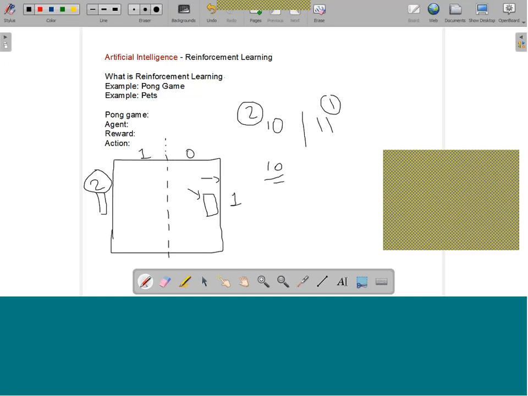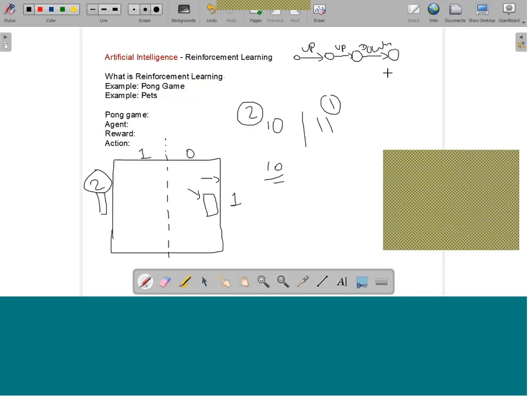Now understand carefully. We can take one example of an episode here, which I'm drawing. Here, this is one state, and I have taken the action up. Then we go to the next state. Then we take one action, up again, and go to the next state. Then we do down, and again we go to the next state.